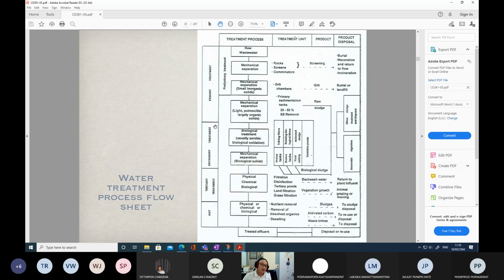After the preliminary treatment process, we expect all the suspended contaminants to be completely removed. Only the dissolved contaminants or very small contaminants are left. For small or dissolved contaminants, we let the secondary treatment process work on them. That is why mostly the plants apply primary and secondary treatments. Most water treatment plants and wastewater treatment plants end at the secondary treatment.